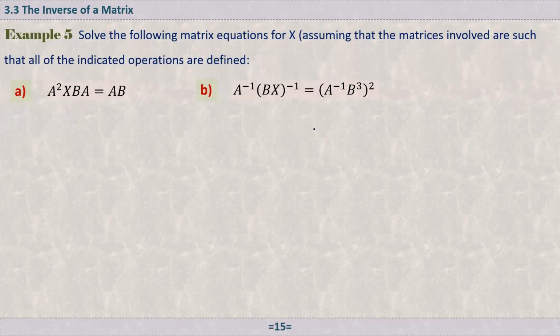Let's immediately do one example. When we are solving this kind of equations, always keep in mind, number one, that A times B is not equal to B times A. Number two, we know that A A inverse equals A inverse A equals I. So here, solve the following matrix equations for capital X, assuming that the matrices involved are such that all of the indicated operations are defined.